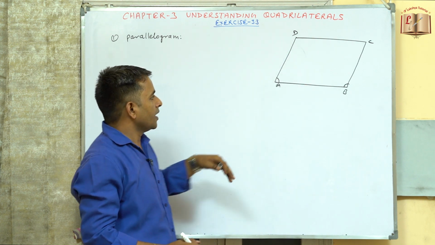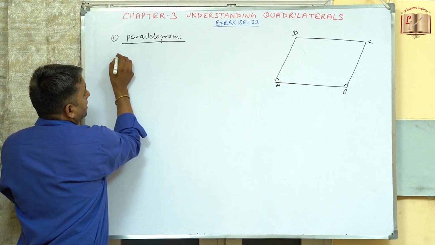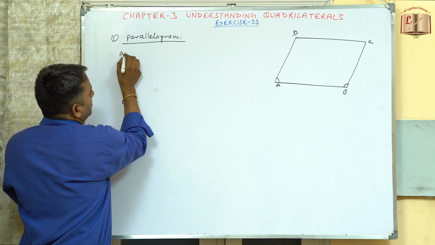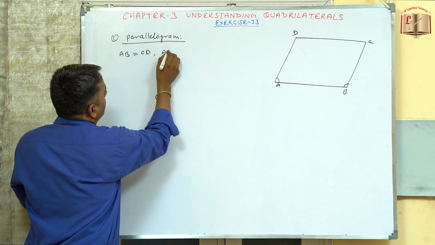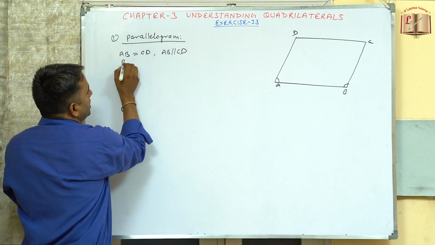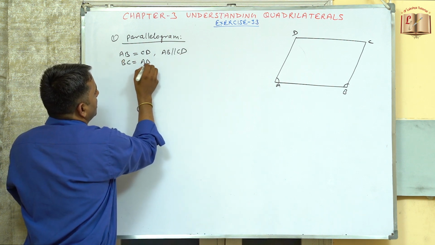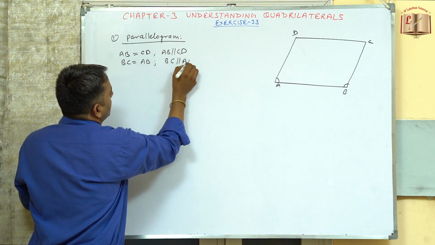Now in a parallelogram, opposite sides are parallel and equal, means AB is equal to CD and AB is parallel to CD. Similarly, BC is equal to AD and BC is parallel to AD.